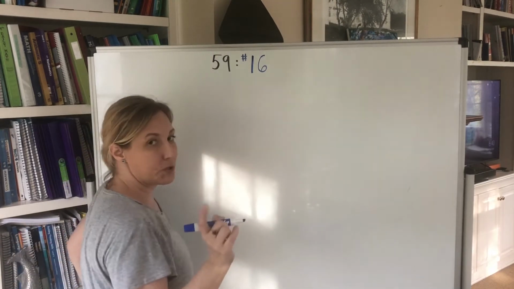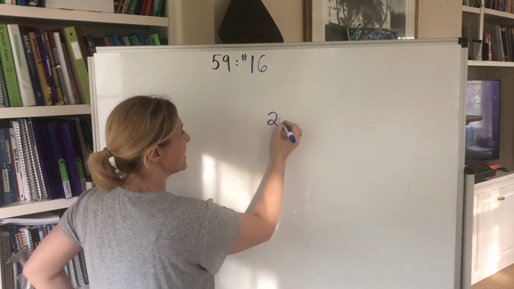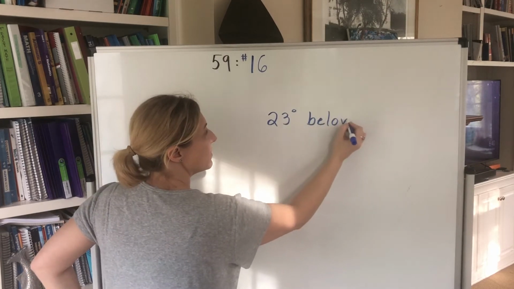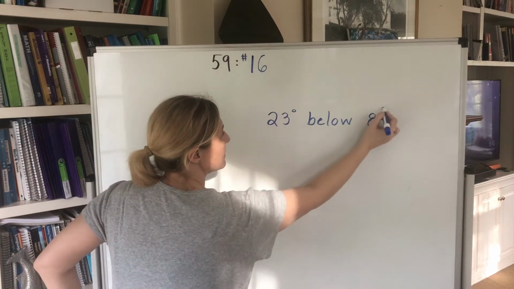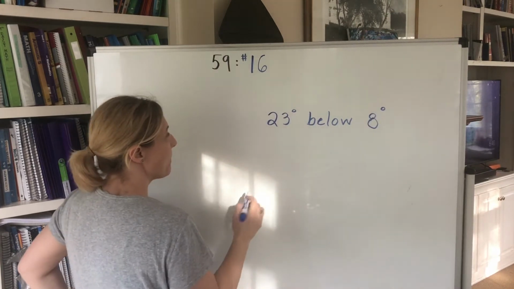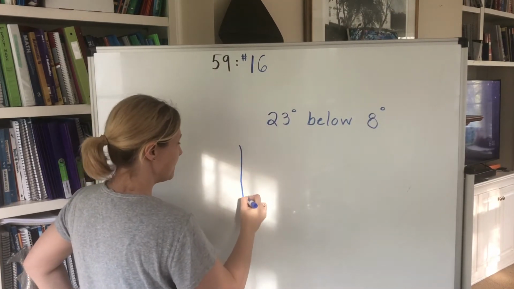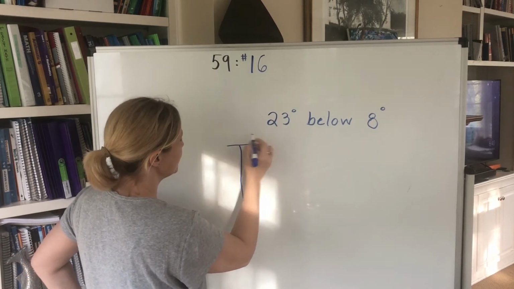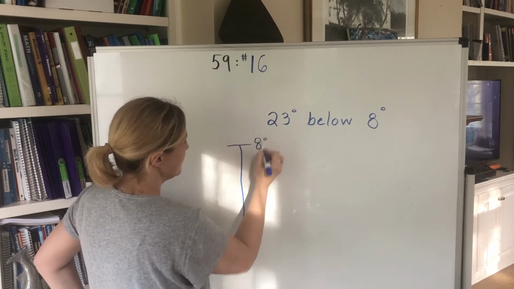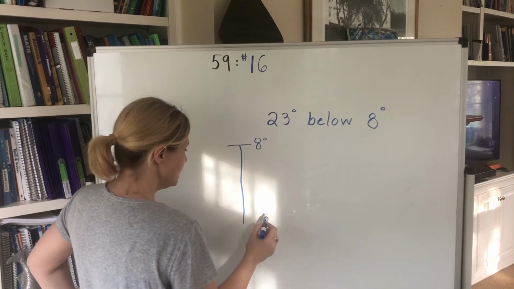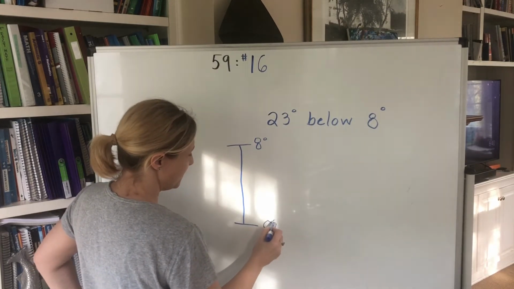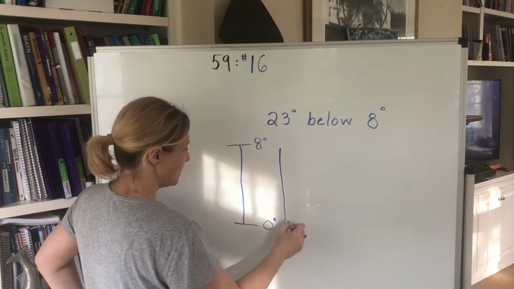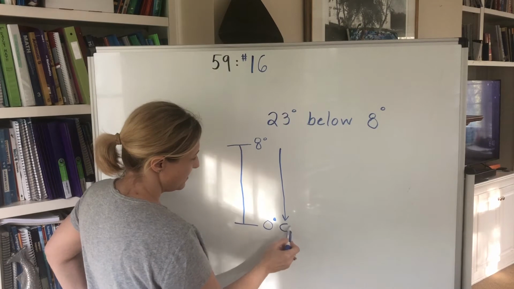What temperature is 23 degrees below 8 degrees? Well, if we're looking at a thermometer, and here is 8 degrees on the thermometer, and this is 0 degrees on the thermometer, we know that 8 of the degrees will take us down to 0.